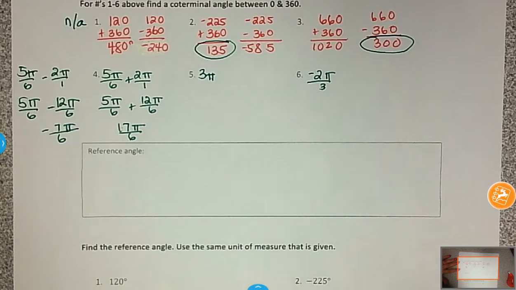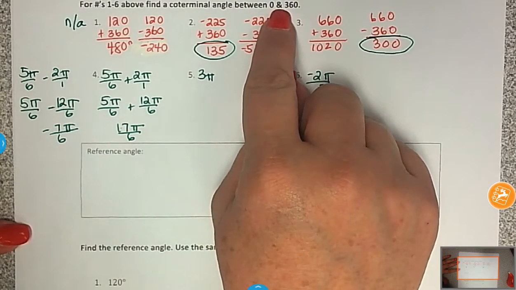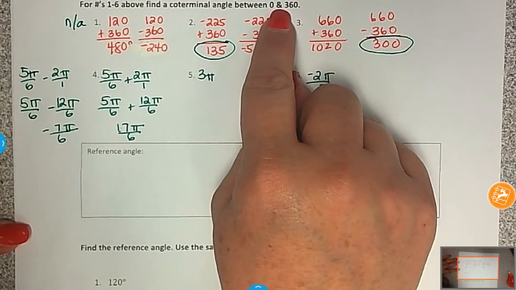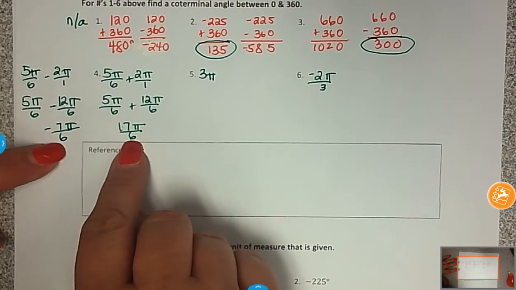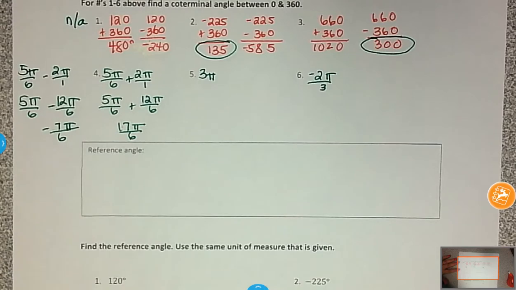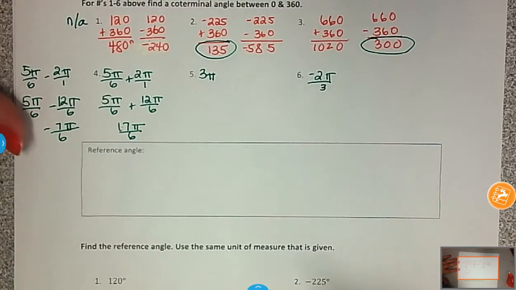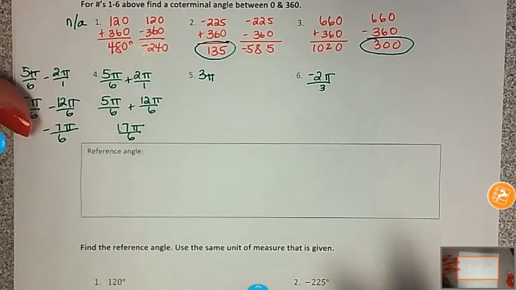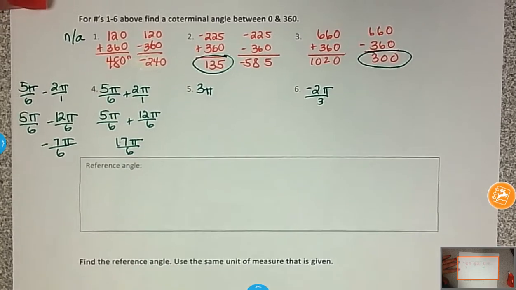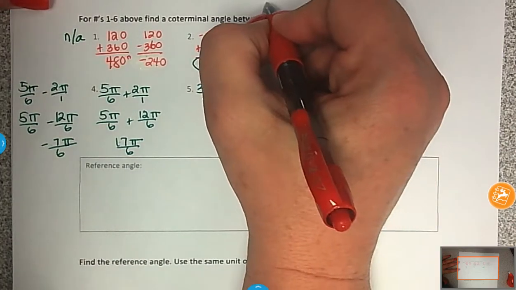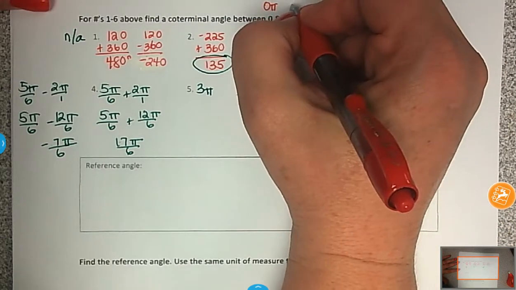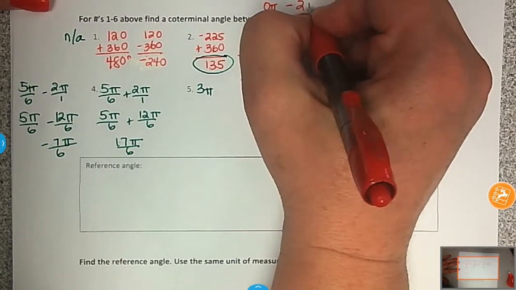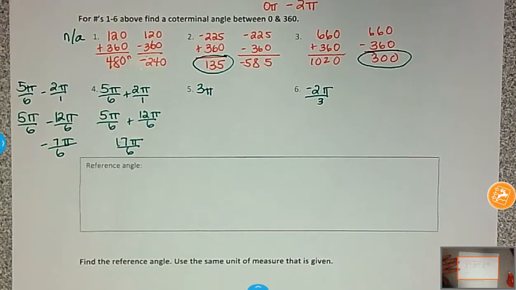But what I need to know, because the directions said a coterminal angle between 0 and 360, is which of these is between 0 and 360? Okay, and that's something we'll learn more about over the next couple of days. So you could convert these if you wanted to, or you can think about it. 0 is going to be 0 pi in radians, and 360, we just learned that it is 2 pi.